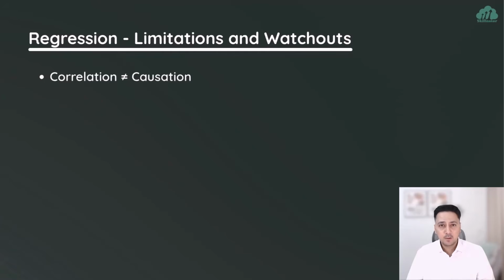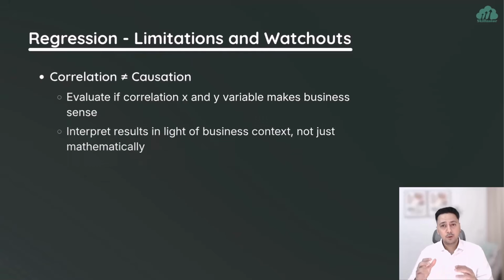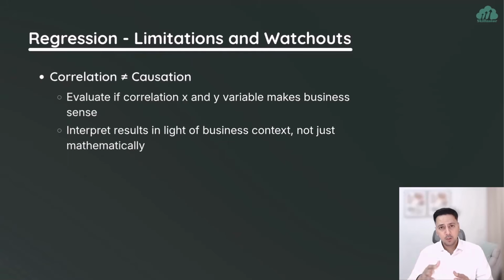The increase in sales might be responding to a third hidden factor, for example, promotion activities, pricing strategy, and so on. This is why a high R-square alone is not enough. Before trusting a regression model, you must always ask, does this relationship make business sense or not? This is why regression results should always be interpreted together with business understanding and not in isolation.